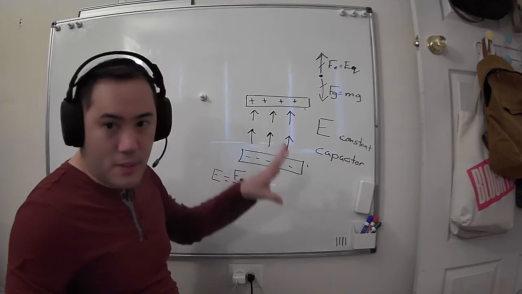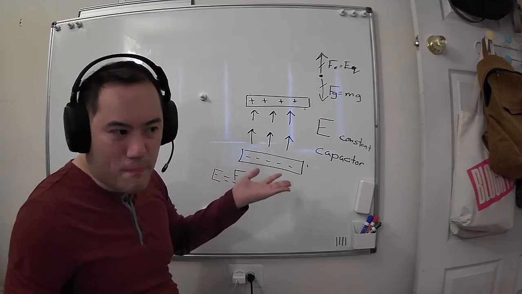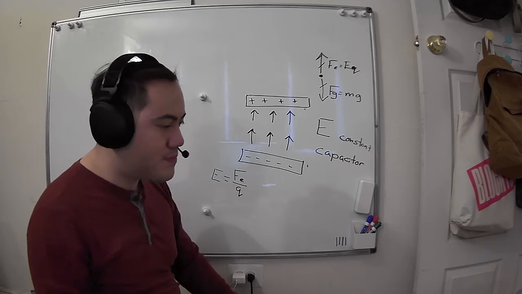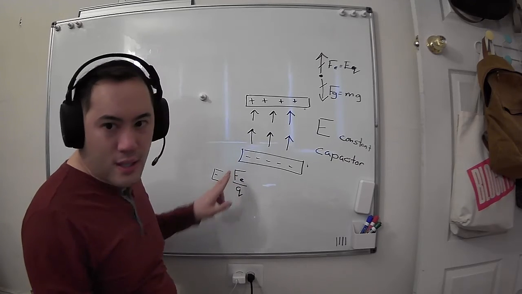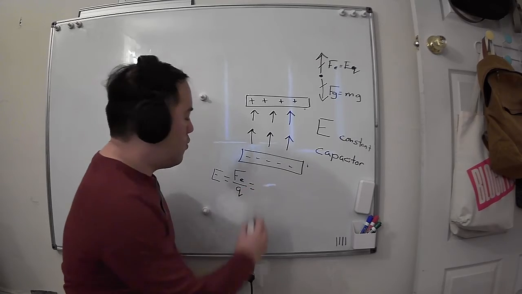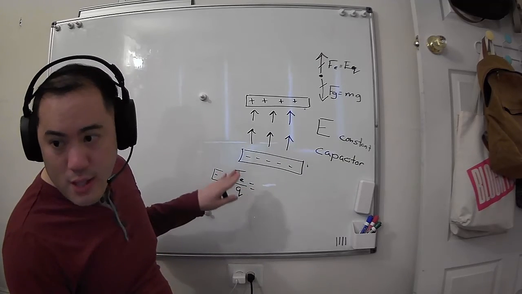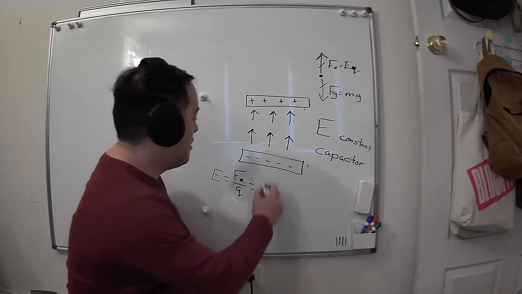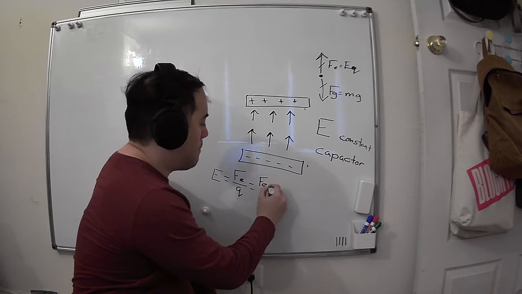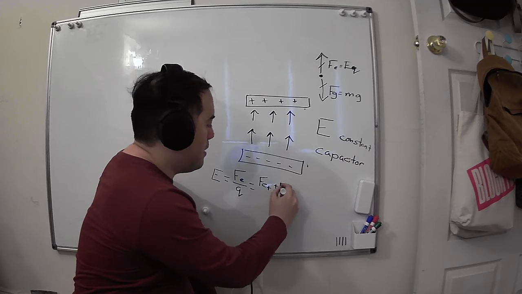If you have multiple charges, or even if you don't know what's causing the force, you can still find the field. What's causing the force could be multiple charges. It could be like this, the top plate and the bottom plate.